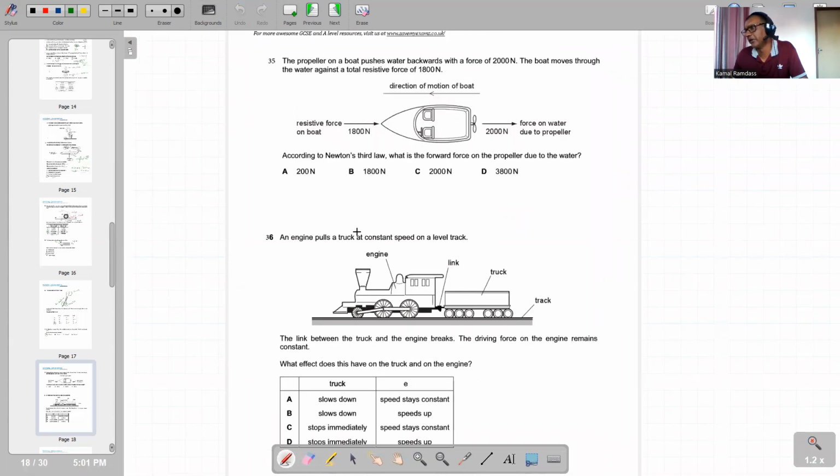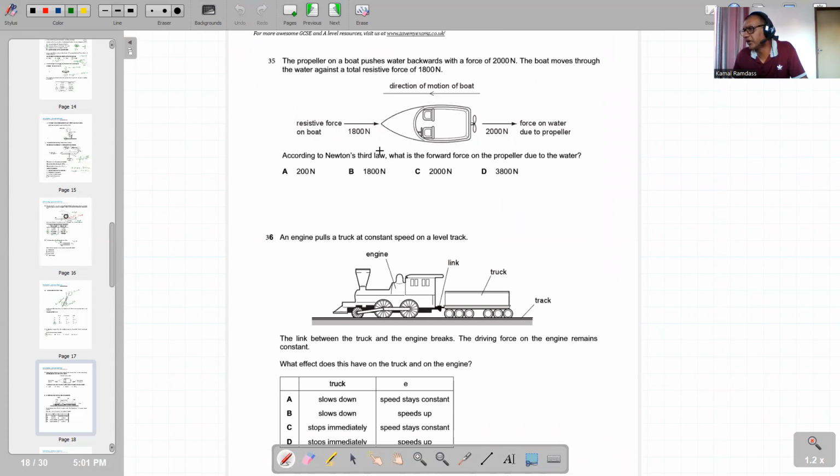The propeller on a boat pushes water backwards with a force of 2,000 newtons. The boat moves the water against a total resistive force of 800 newtons. OK?